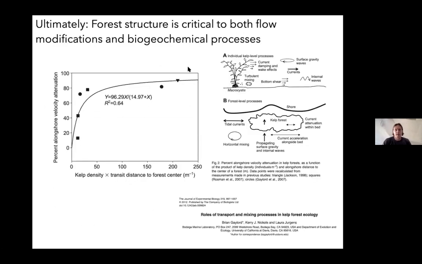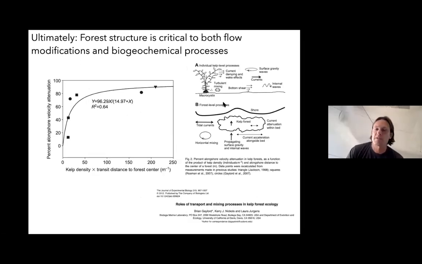So ultimately, we know that forest structure is critical to both how the flow is modified by kelp and the subsequent biogeochemical processes. This is a nice summary by Brian Gaylord, Carrie Nichols and Laura Juergens, summarizing the state of knowledge from a couple of years ago, in 2012.